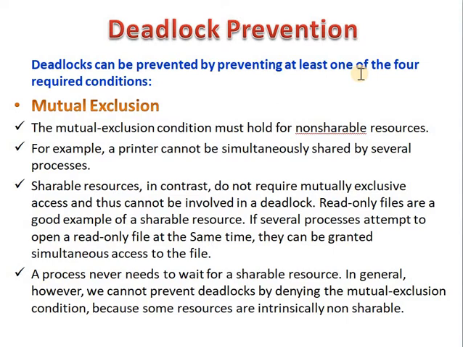We know that there are four conditions because of which deadlock occurs in the system. If we succeed in violating one of them, then the deadlock situation never occurs in the system. Let's see the conditions.